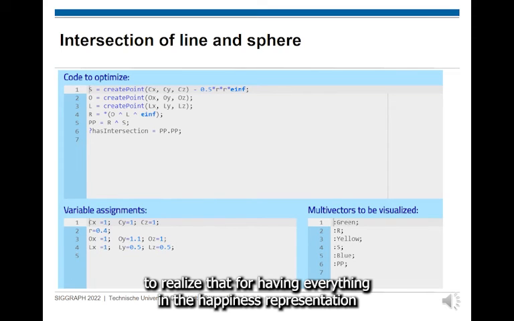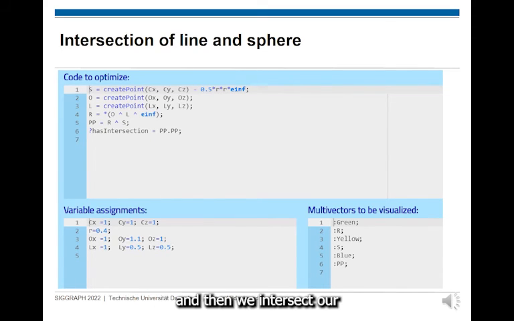Dualize that for having everything in the IPNS representation, and then we intersect our line with a sphere. The result is a point pair, and what's interesting is that if we use the inner product, PP meaning point pair times point pair, the result is a scalar describing whether the line is intersecting in reality the sphere or not.